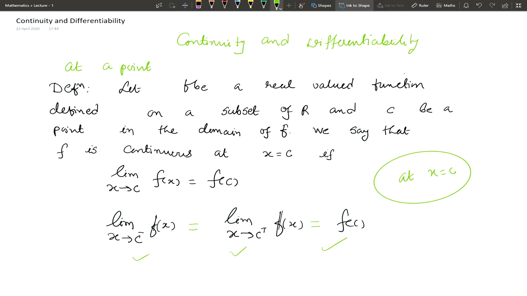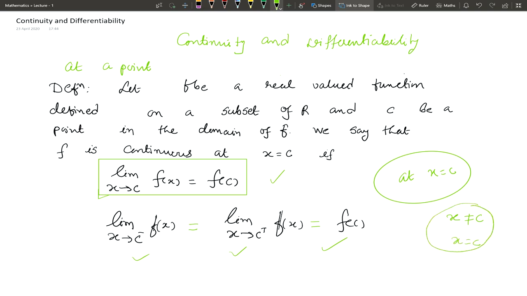So sometimes we use this part of the definition to check whether function is continuous or not. We use this part of the definition if function is defined in two parts. Some definition for x not equal to c and some definition for x equal to c.